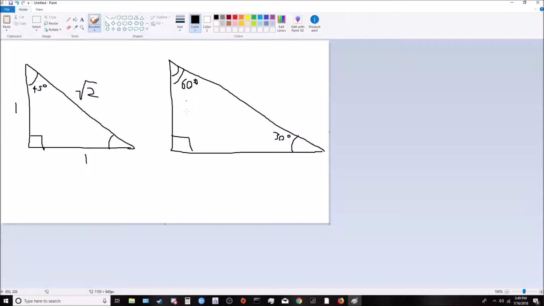Their sides exist in the ratio 1 to root 3 to 2. You want to be very careful not to mix these up on the 30, 60, 90. Remember that the 1 is always opposite the 30 degrees, since it's the smaller angle, and the root 3 is always opposite the 60 degrees. And this looks like a Z, so I'm going to try and curve it out a bit.